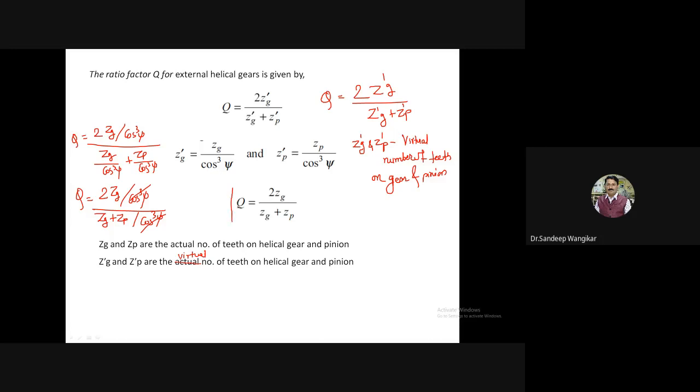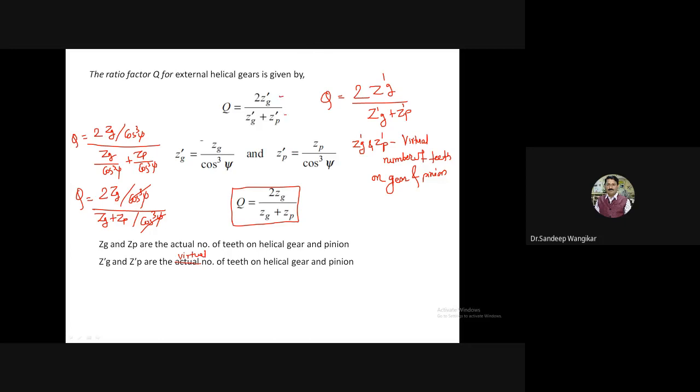And ultimately, though we are using it for helical gear, the formula finally gets converted into Q is equal to twice zg divided by zg plus zp. So zg and zp are the actual number of teeth, and Z dash P and Z dash G are the virtual number of teeth. Though we are using the formula for helical gear, we will substitute zg and zp as actual number of teeth only, because we started with substituting the virtual number of teeth.